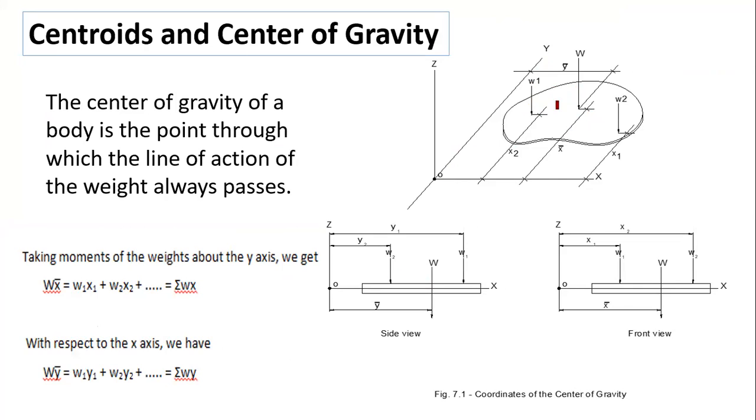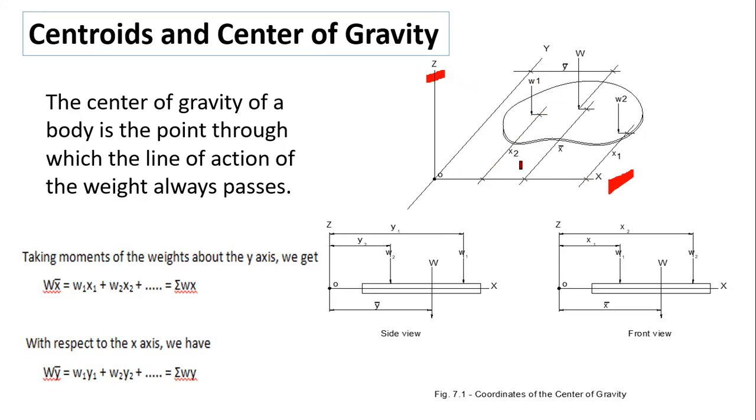We'll just get the centroid of each section or each part. If it's an irregular section, then you need to get the different parts, and in each part, for example W1, you get the centroid with respect to X. So you have the X axis here, and the Y axis here.